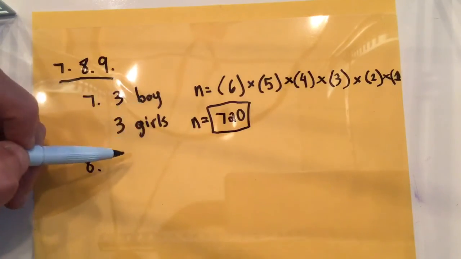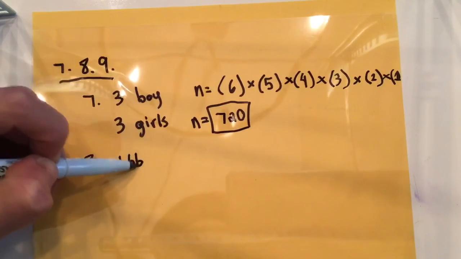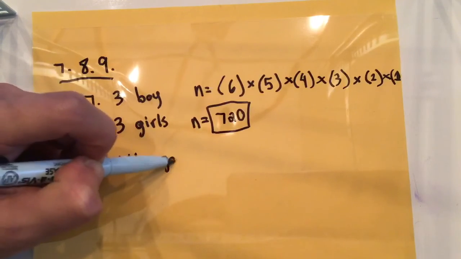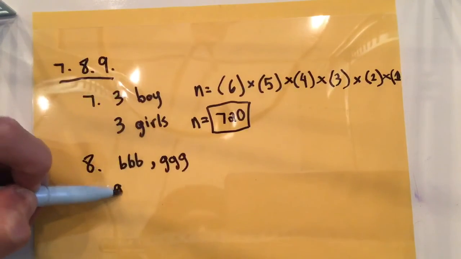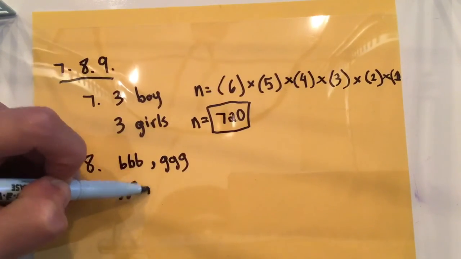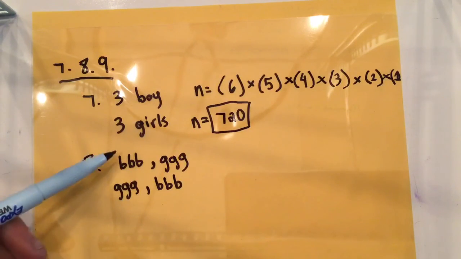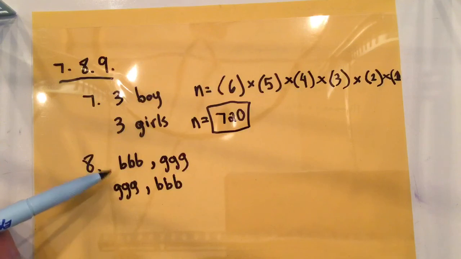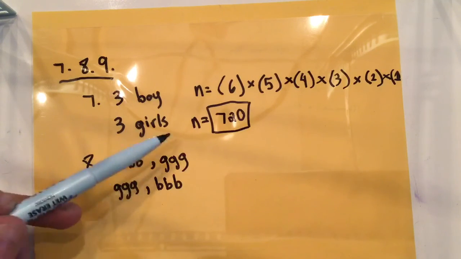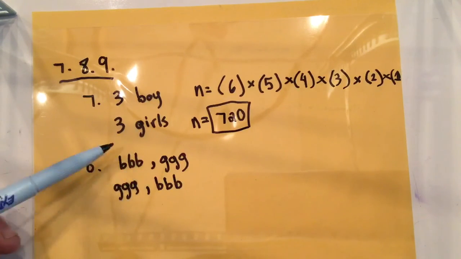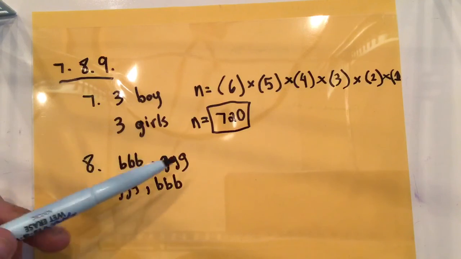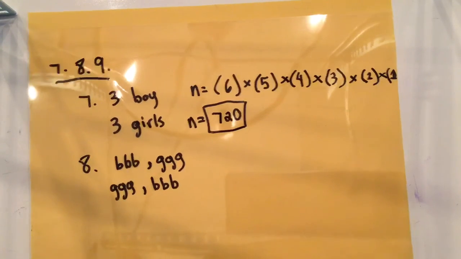So what that means, it's got to be like boy, boy, boy, girl, girl, girl, or girl, girl, girl, boy, boy, boy, right? And so really there's 2 ways that we can kind of start this, but then for each of the boys and for each of the girls, there's going to be different ways that we can arrange the 3 of them individually.